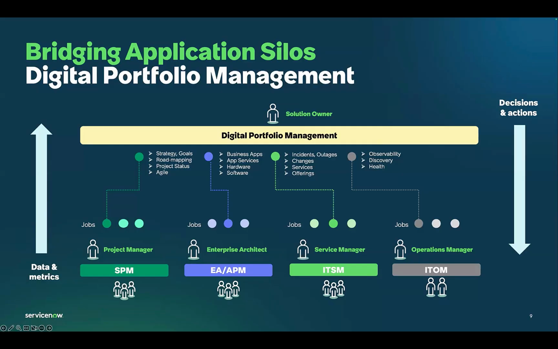A solution owner might have multiple services, offerings, and applications that they manage as part of their role. For example, an app support manager might own the finance platform, a bunch of ITSM tools, and also some bespoke internal applications. So DPM allows them to group all of these services together into one single pane of glass.